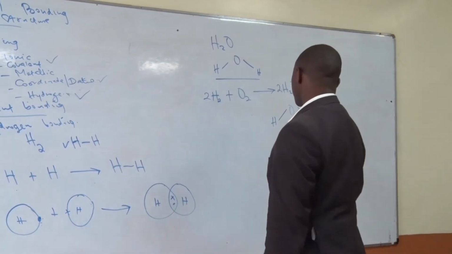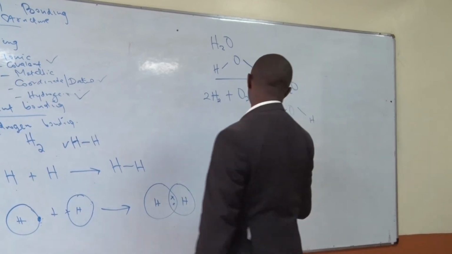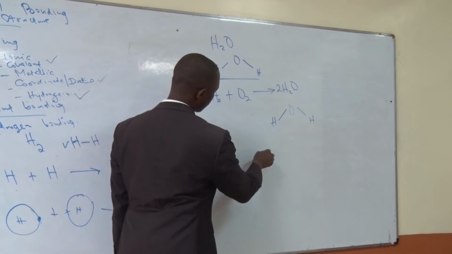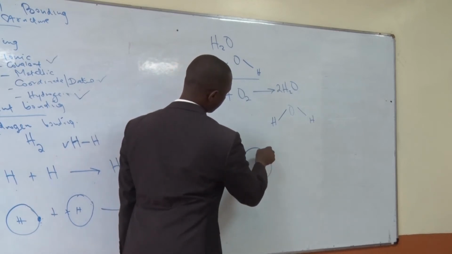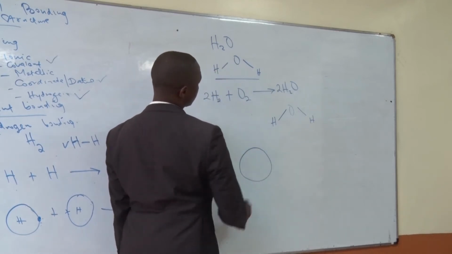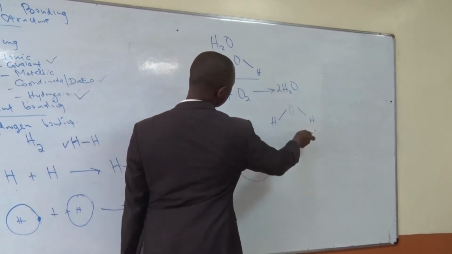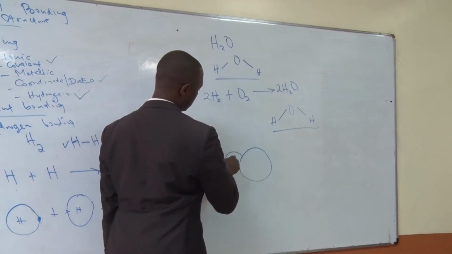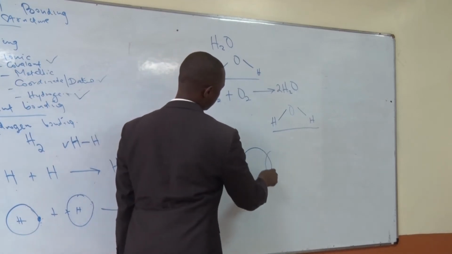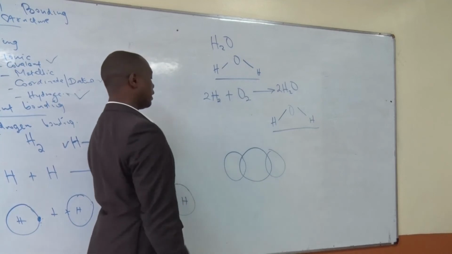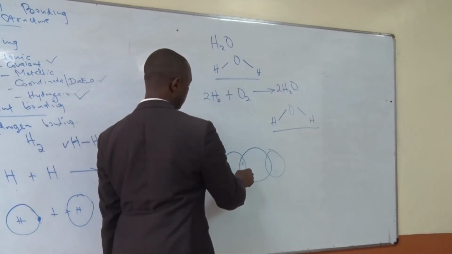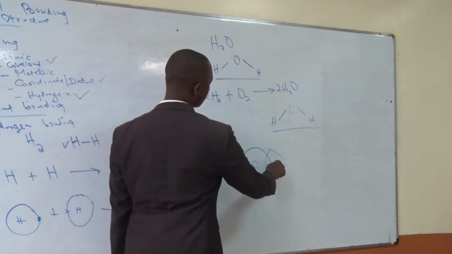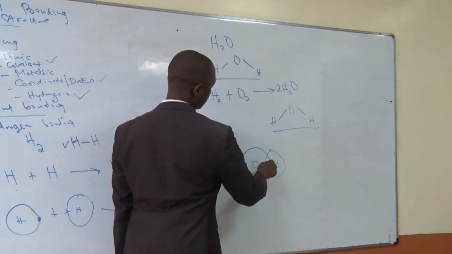Now we can indicate this one using a structure like this. So you can see we have two hydrogen. This is according to this particular bond that we have formed. Hydrogen as one. This is oxygen. It's hydrogen, another hydrogen atom, also hydrogen here as one.